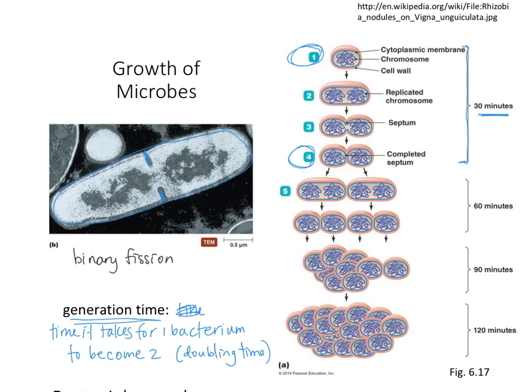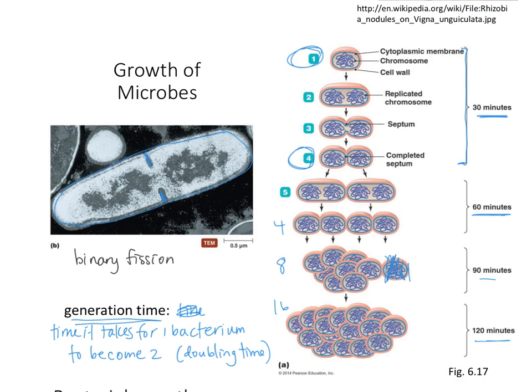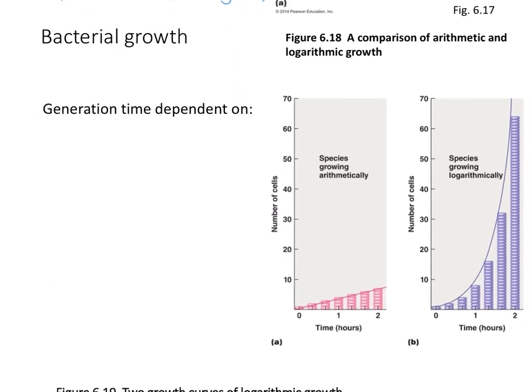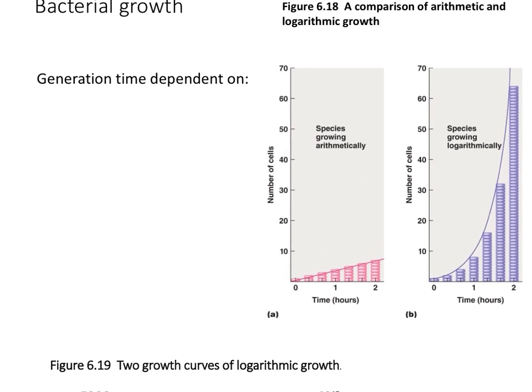All right, and then eventually 2 cells become 4 cells. All right, there's another generation. 4 cells become 8. I don't know why they drew 9 cells here. So pretend that's 8. There's another generation. 8 cells become 16. So that's 1, 2, 3, 4 generations. All right. So we can quantify that by graphing that out.